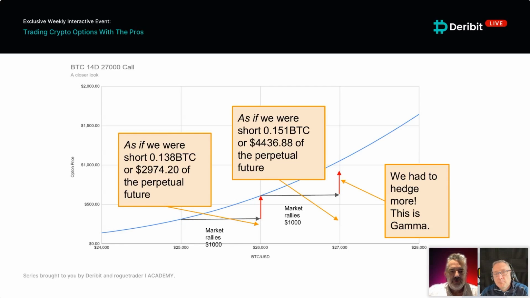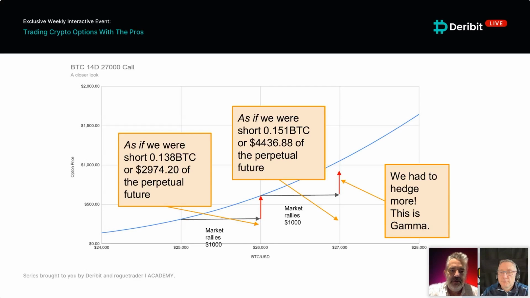So if we were to try and hedge this, we could say, if the market's at $25,000, I could go and buy $2,974 of perpetuals, and then when the underlying moves from 25,000 to 26,000, I wouldn't care that my option has increased in price, because my perpetuals will now have unrealized profit of the same value.